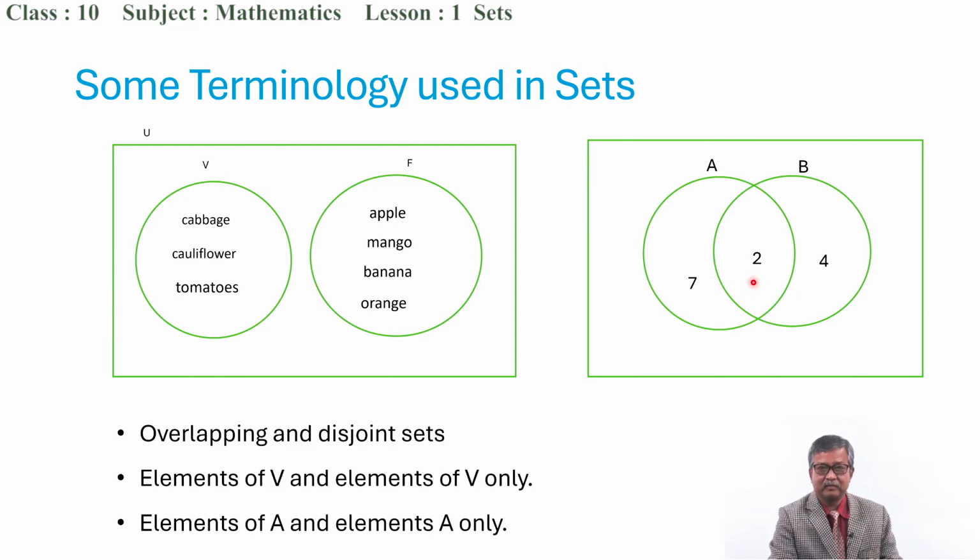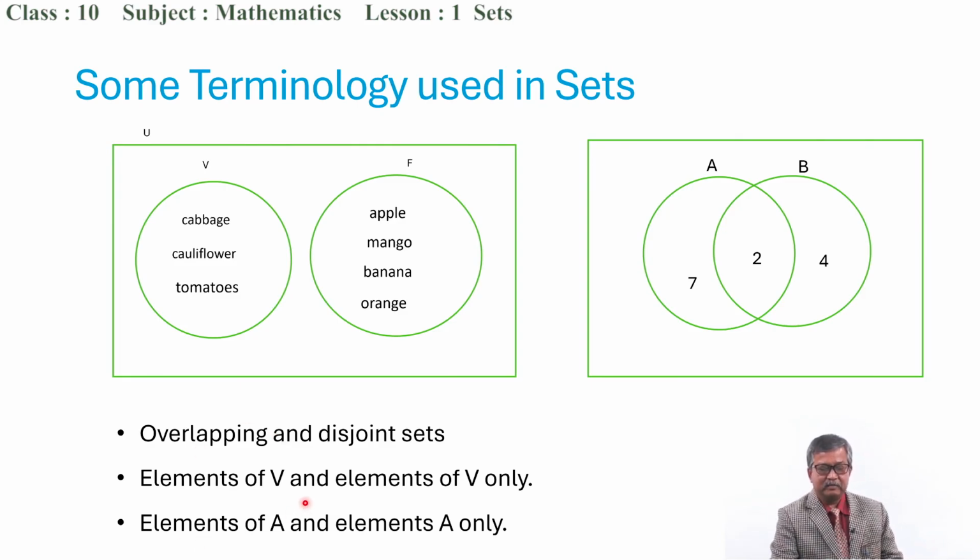So this is an example of overlapping. Some part of set A and some part of set B is overlapped here. So this set is called the overlapping set. But this set is called the disjoint set, because here the sets are different.